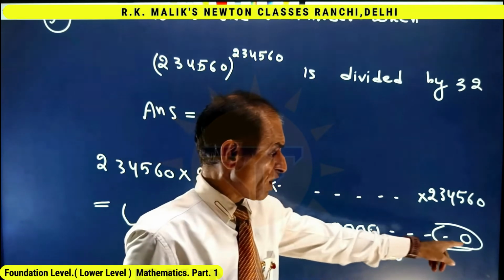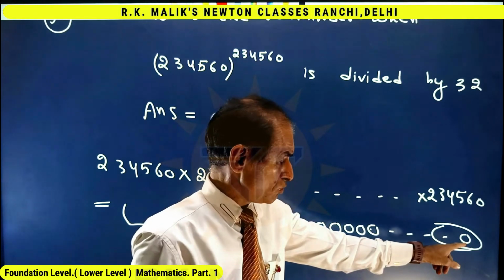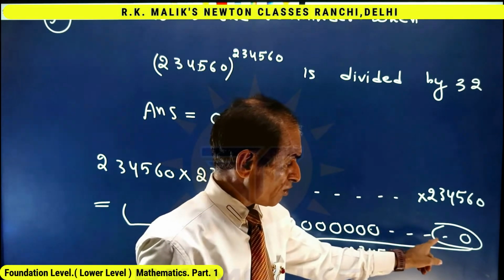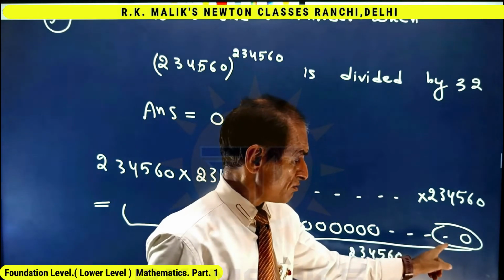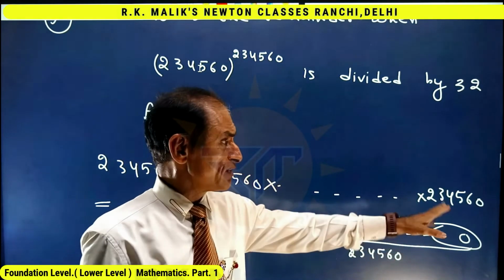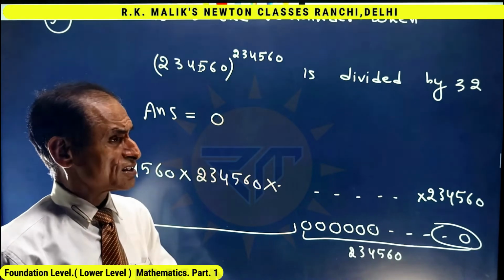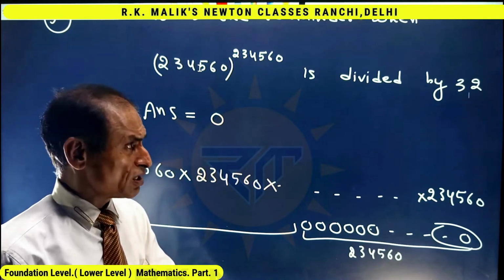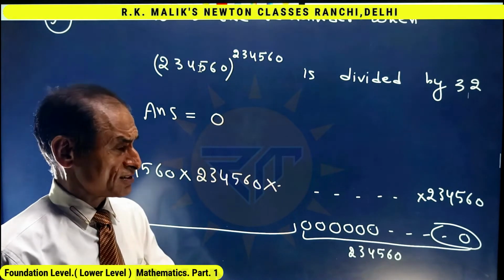And because last 5 digits are also 0, 0, 0, 0, 0, therefore the number found by last 5 digits will be divisible by 32, hence I can say this whole number will be divisible by 32, and this thing can be proceeded for 64 and 128 etc. also.